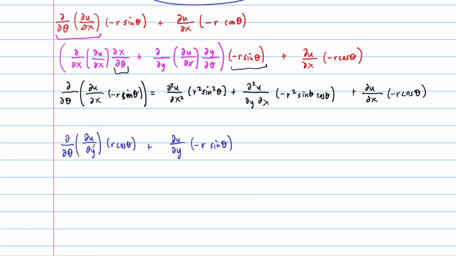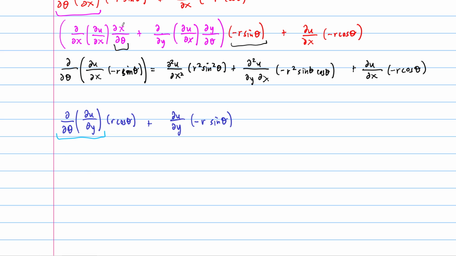Okay, and once again, we have to work out this chain rule, right? So I'll do this in a cyan color. Just like that was there, this one's going to be d by dx of, big parentheses here, du by dy times dx d theta, here's the link, plus d by dy of du dy times dy by d theta.